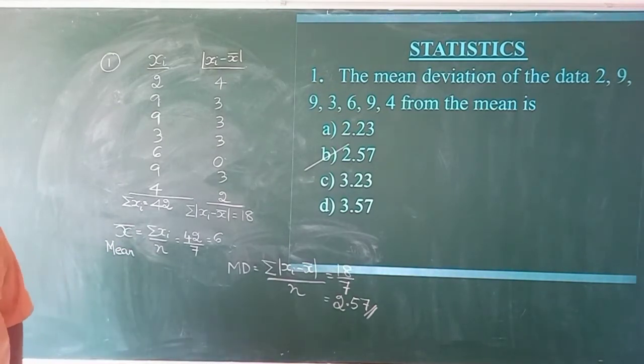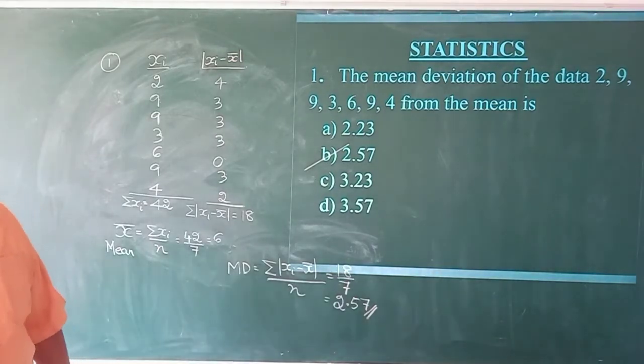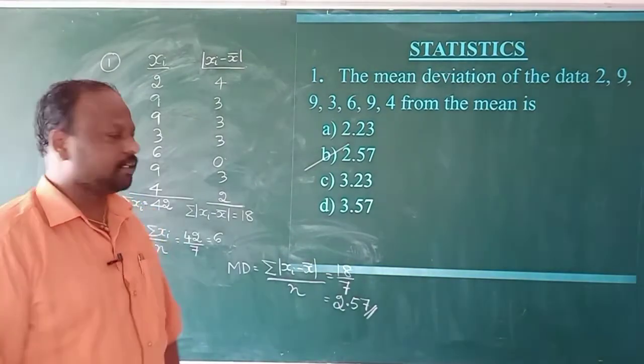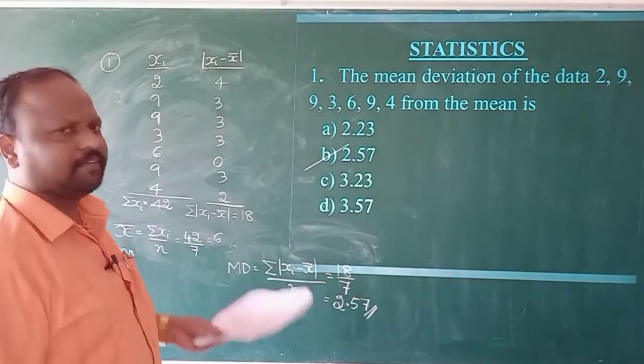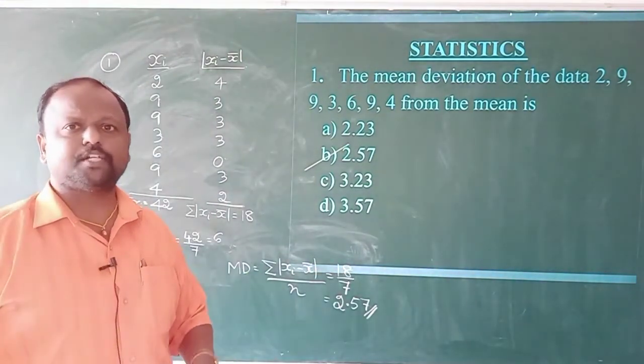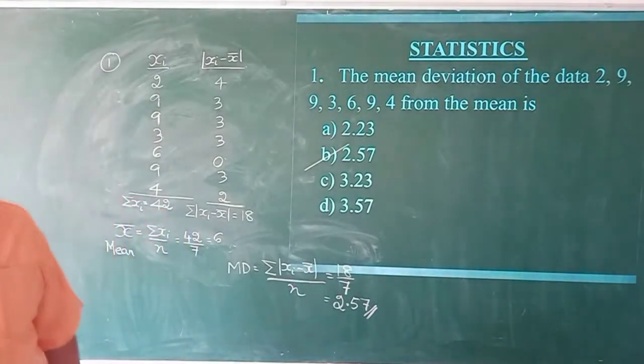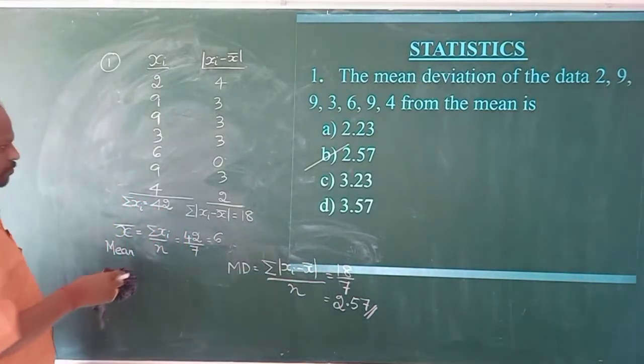Mean deviation about the mean is always equal to sigma xi minus x bar divided by n, that is 2.57. Clear? Usually they will give ungrouped data, which is easy to calculate in 1 minute. We go for the next one.